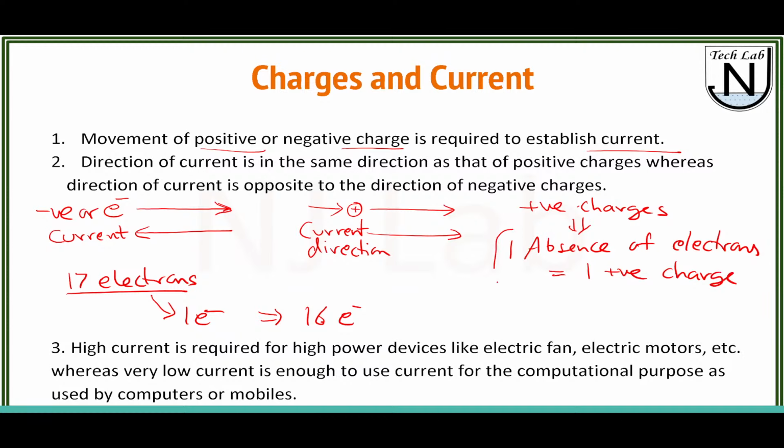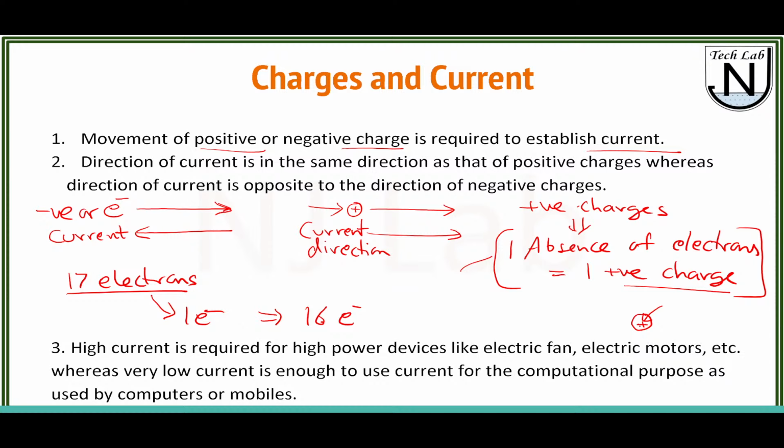So remember this, because whenever in electronics we talk about the flow of positive charges, as such there are no positive charges, and these positive charges are just a virtual term. As such, they do not have any real existence. With positive charges, we mean the absence of electrons. Suppose at this location one electron is missing, so over here we have a positive charge.